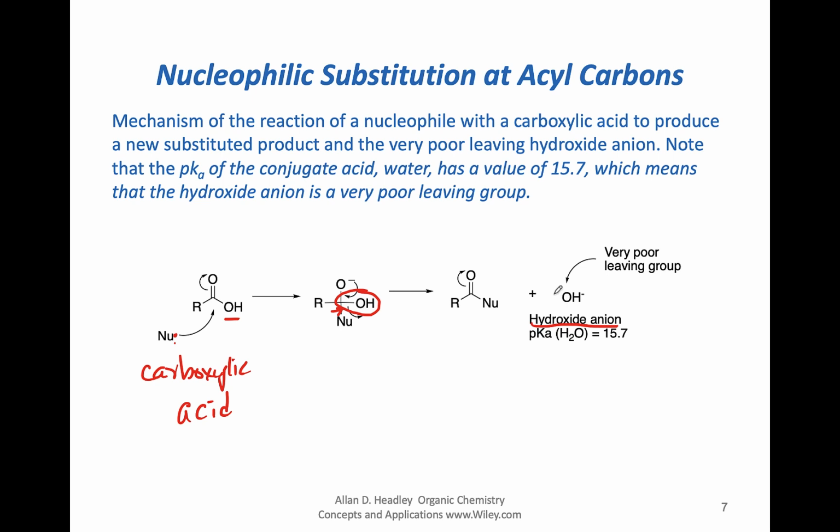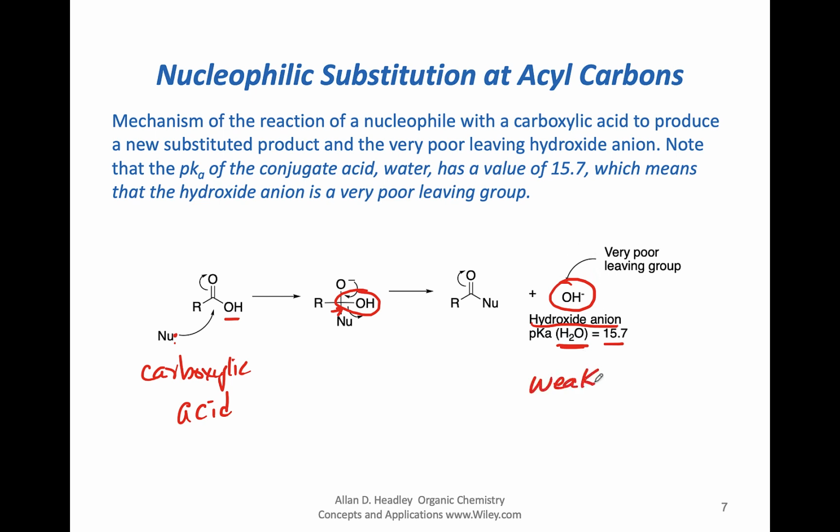So, in order to determine if this is a feasible reaction or not, we can decide if this OH is a good leaving group. It is not a very good leaving group because it is a strong base. How do we know that? Because the conjugate acid, which is H2O, has a pKa of 15.7. As you can see, that's a fairly weak acid. And a weak acid gives a strong base. Let me write that.